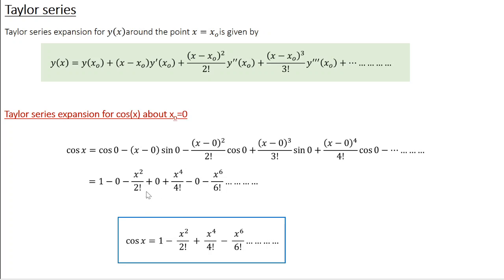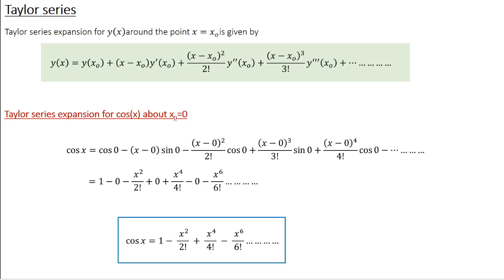So here if you notice, you have only the even power terms and all the odd power terms vanish, so you have cos x equal to 1 minus x squared divided by 2 factorial plus x to the power 4 divided by 4 factorial minus x to the power 6 divided by 6 factorial all the way to infinity.